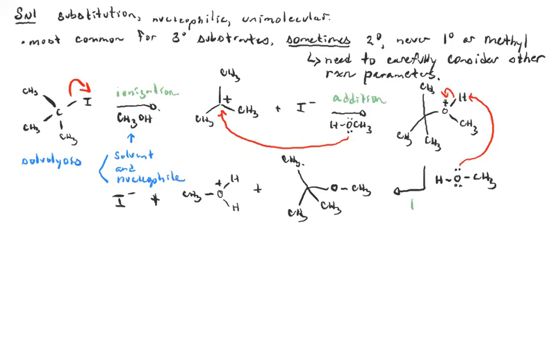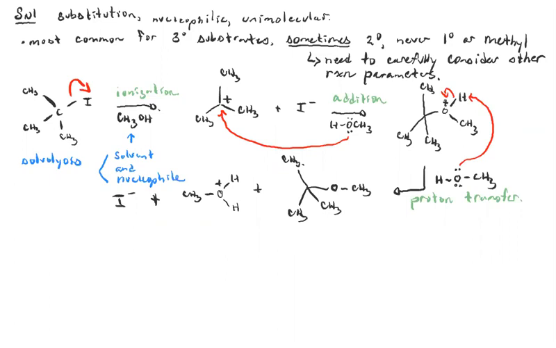And then the third step is proton transfer. So three discrete transformations in that reaction. Okay. So what types of conditions favor SN1?